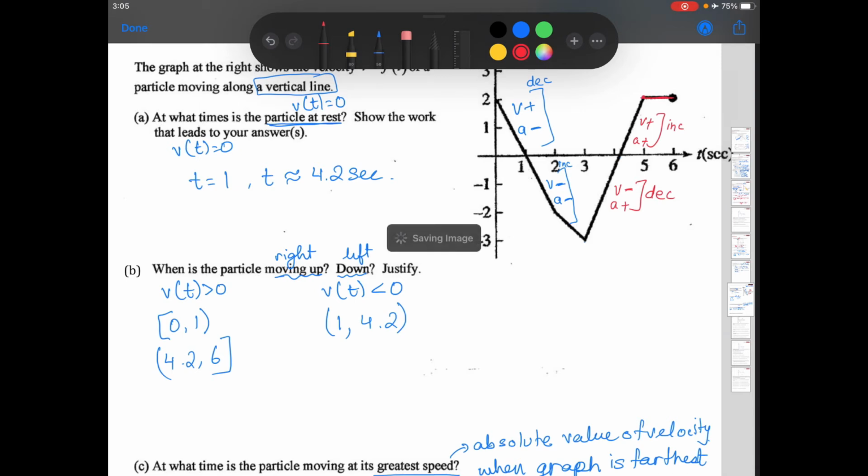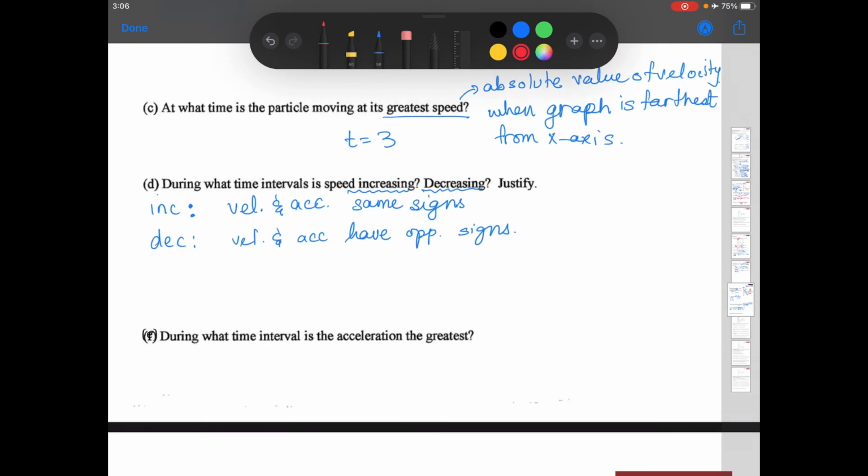And from 5 to 6, my velocity is positive, but my acceleration is 0 because my slope is 0. So it's neither on that interval. So the intervals where it is increasing are 1 to 3 and 4.2 to 5. It's decreasing on the intervals from 0 to 1 and 3 to 4.2.